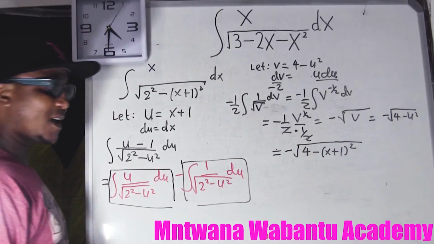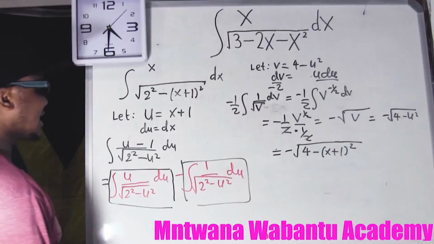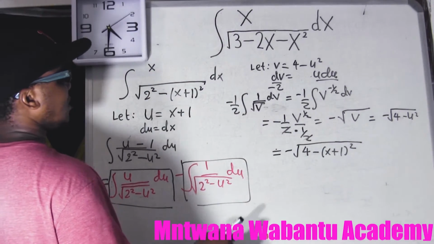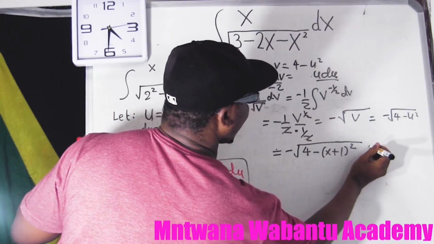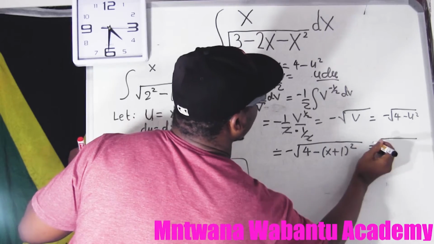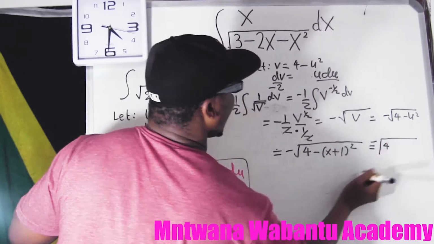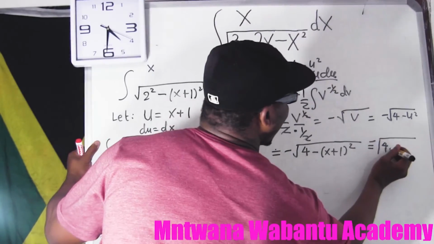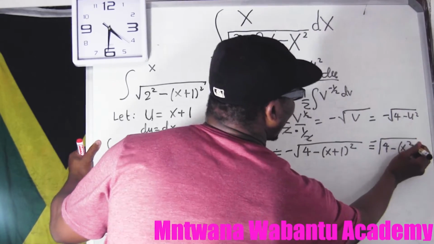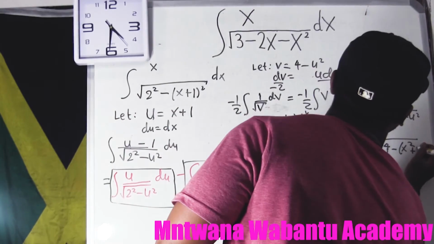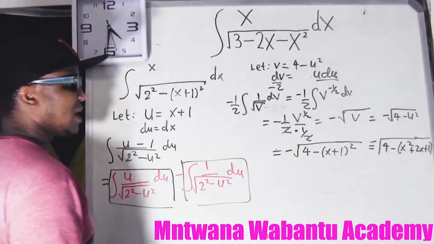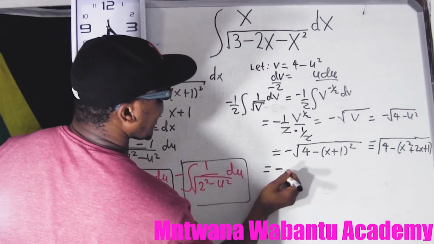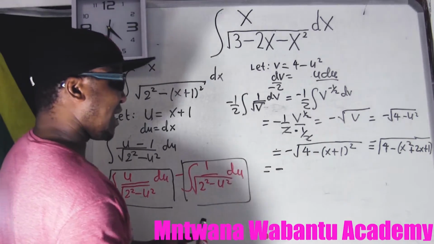And then you can simplify further, because x plus 1 squared is x squared plus 2x plus 1. If you expand that, now we can put that inside, so we still have our negative, and then we have a root.